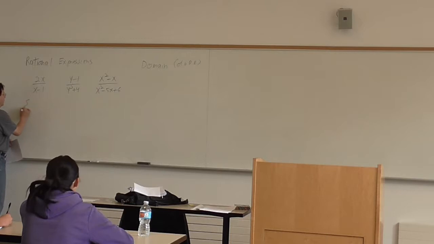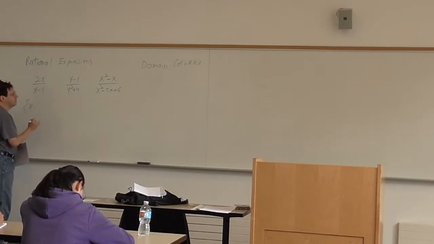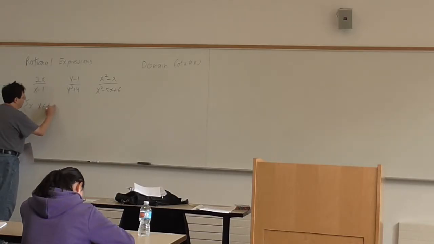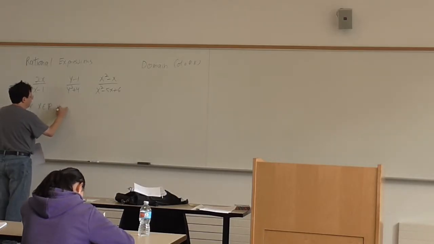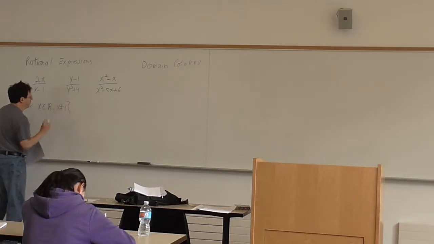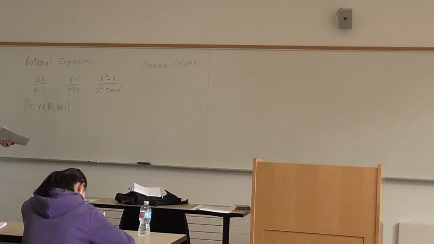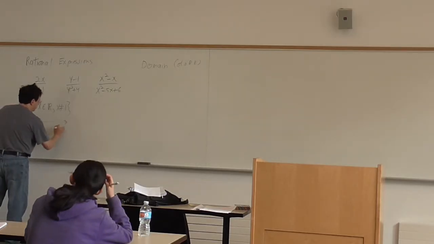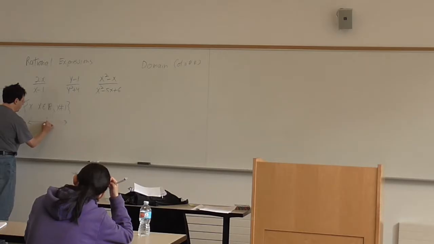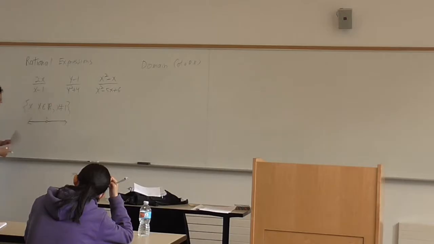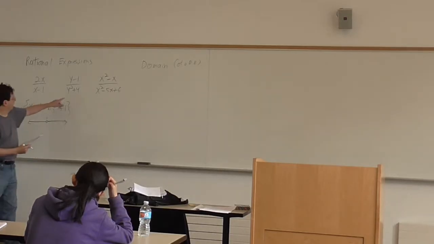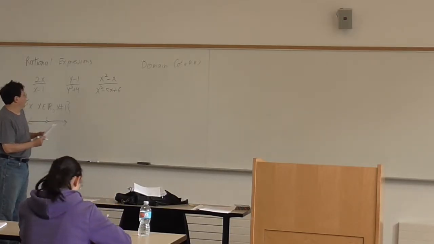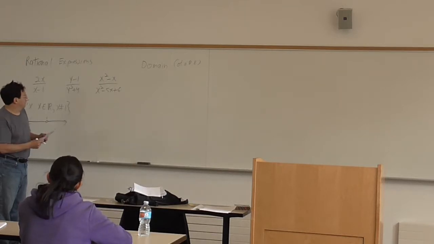So here, our domain is x such that x is a member of the reals, but x is not equal to 1. Okay, that's a set. We could graph that on a line. It looks a little simple, but there's 1, a little hole there, and it's all the reals except that one. This expression, of course, the domain is all real numbers.